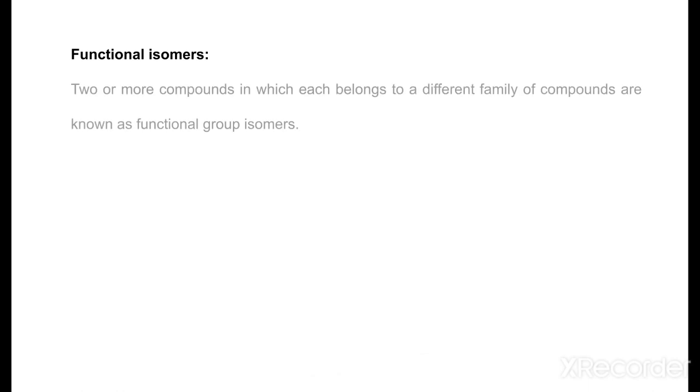Now the third important type of structural isomer is the functional isomer. Two or more compounds in which each belongs to a different family of compounds are known as functional isomers.